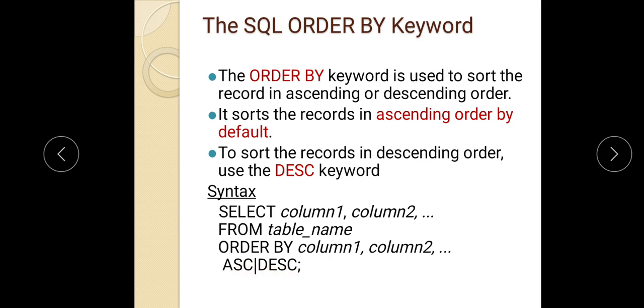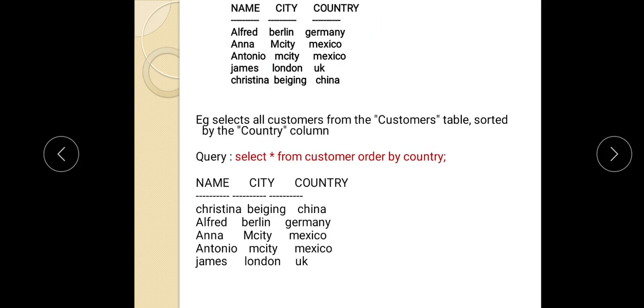Ascending order we don't have to represent; only for descending order do we use the keyword DESC. It is not mandatory to give the ASC keyword for ordering in ascending order. By default it will sort in ascending order. Clear?